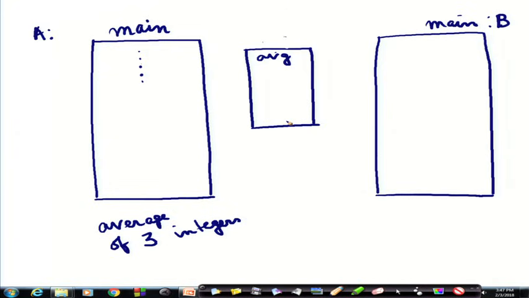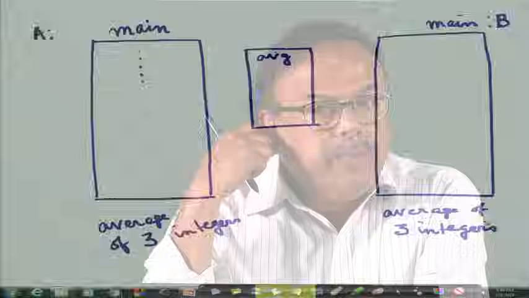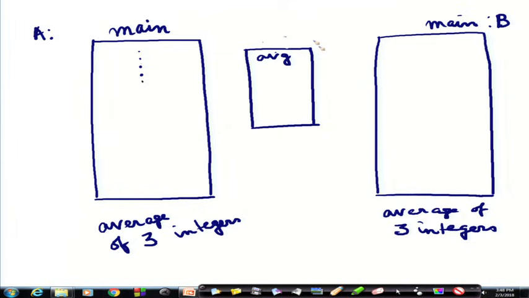So, this also wants to find the average of 3 integers, to make it simple. But the numbers for which A wants to compute the average are different from the numbers that B will compute the average for, but this AVG is common to both.